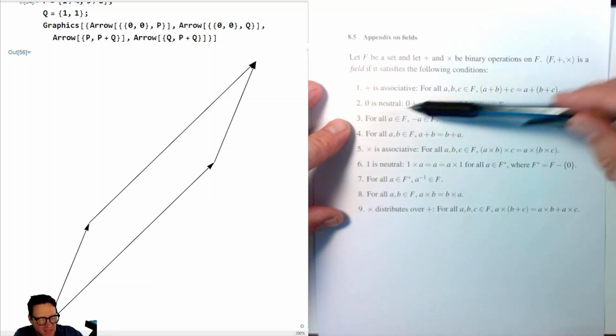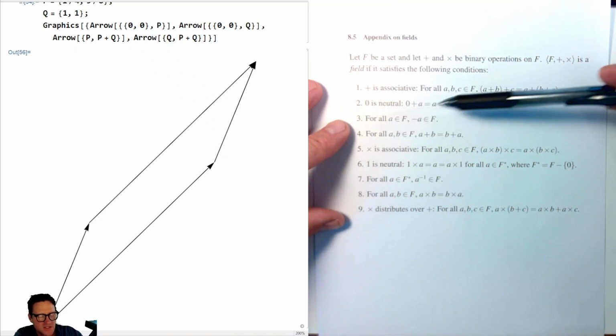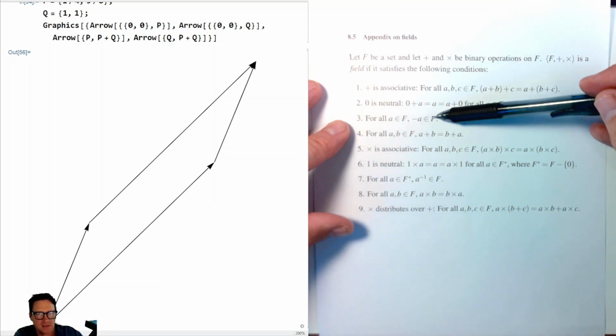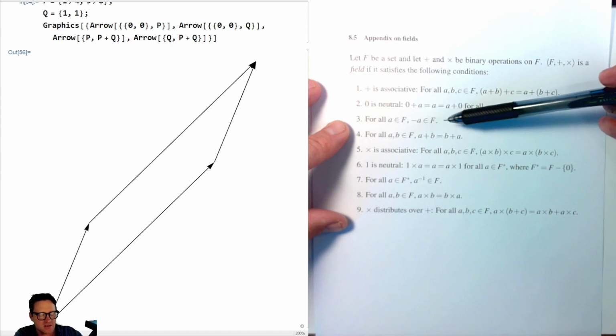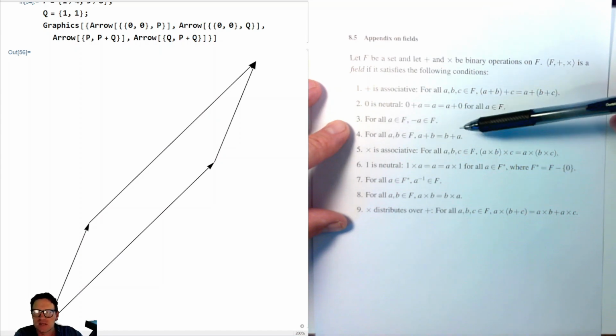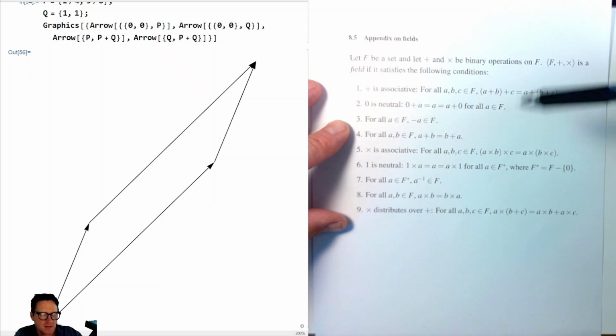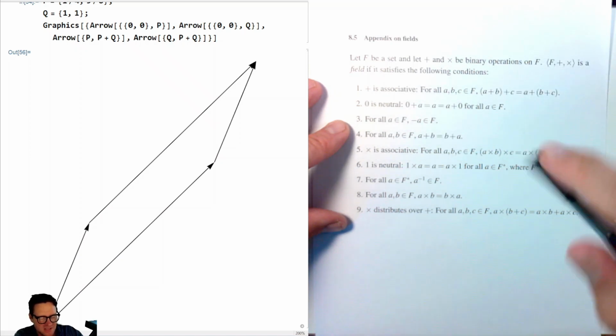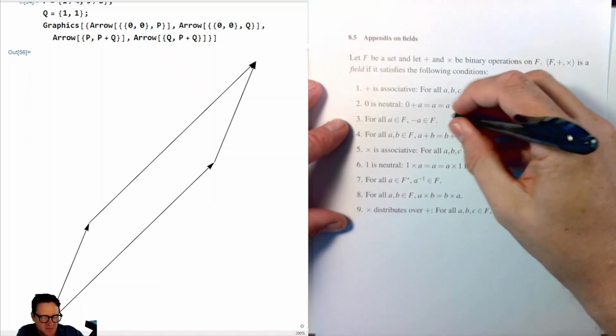Okay, for all a in F, we can always find another element b, which we call minus a, such that a plus b equals 0, which is b plus a. Right, so inverses exist. Let's rewrite this.